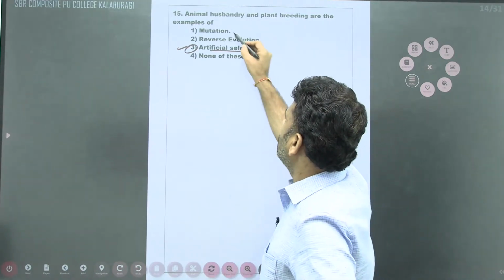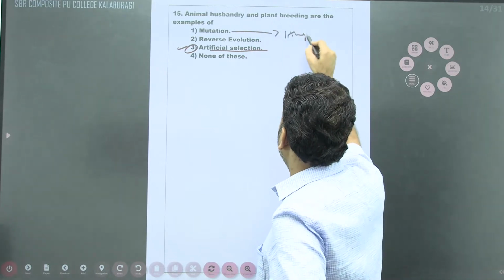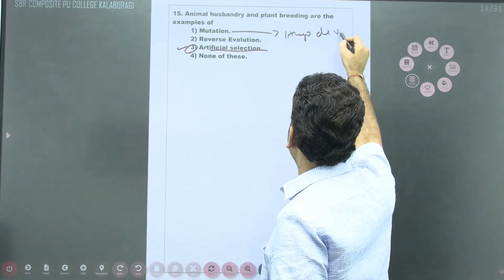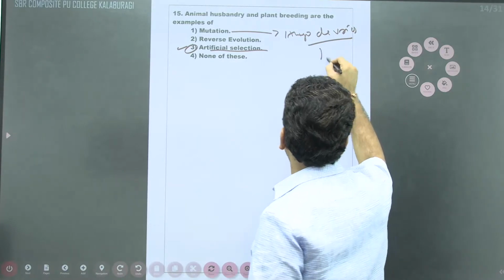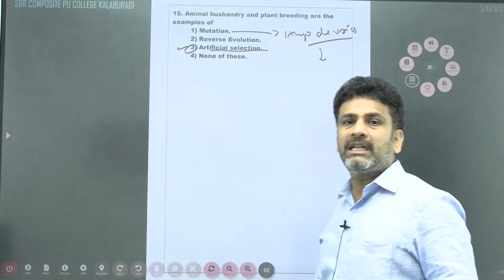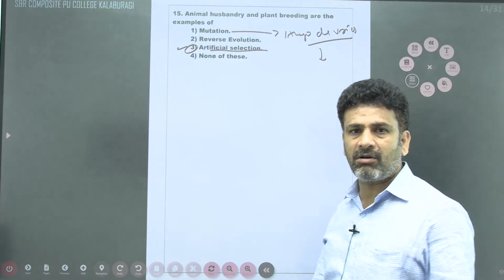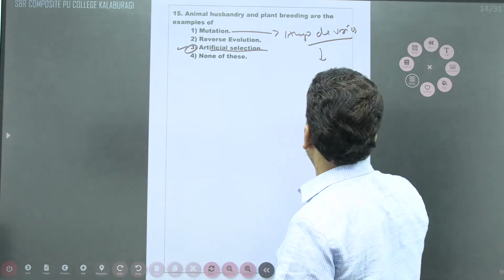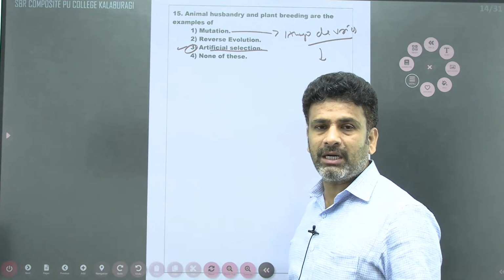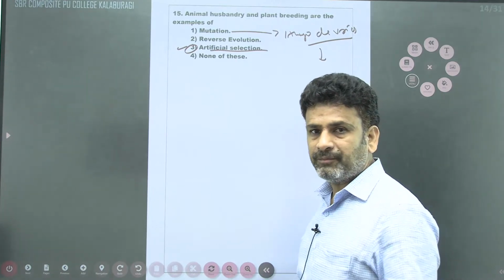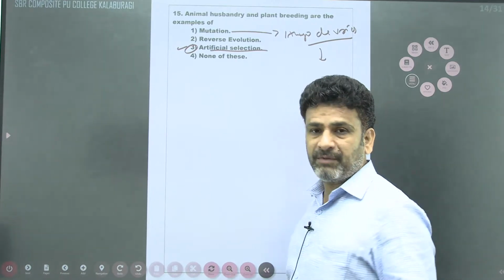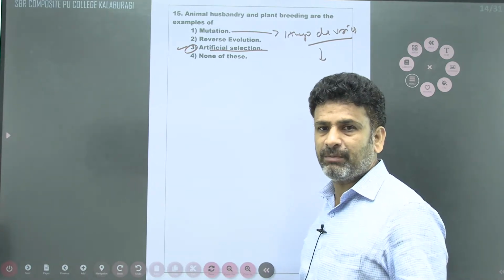Then the mutation theory was explained by the scientist Hugo de Vries. According to Hugo de Vries, mutations are any sudden changes in the DNA content or a fragment of DNA. This mutation might be a point mutation or a saltation, or a frameshift mutation.